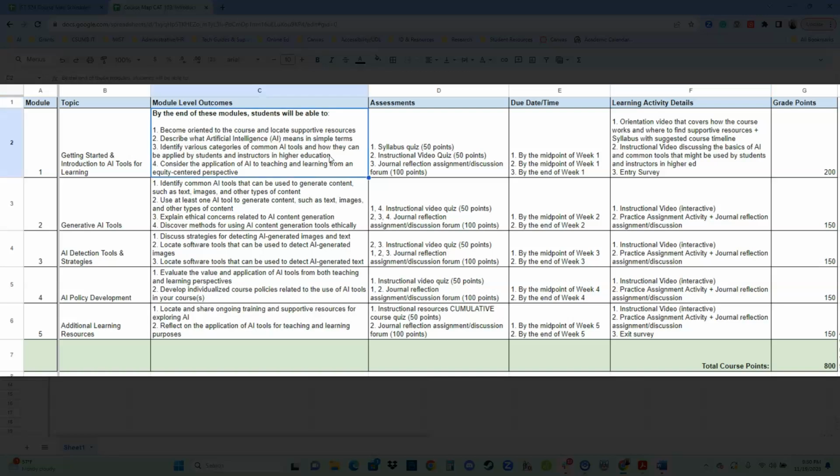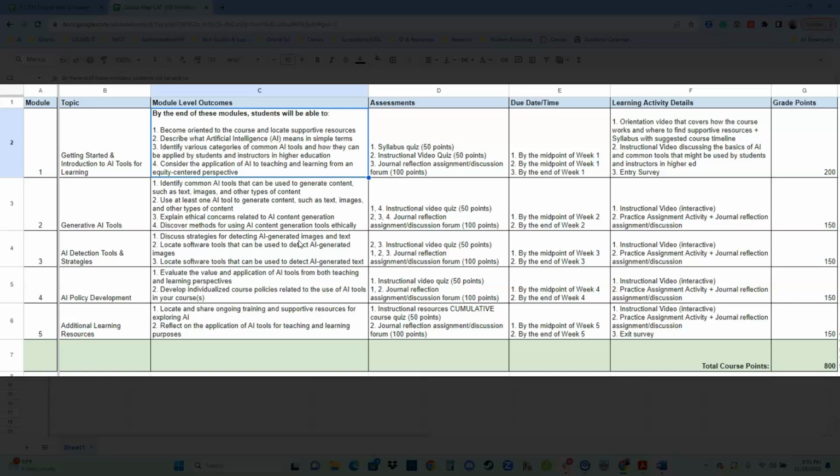So here in this example, I write up at the top of all of my course maps language that says by the end of these modules, right, these lessons or whatever, students will be able to do all of these things, right? They'll be able to become oriented to the course, and they'll be able to locate supportive resources.